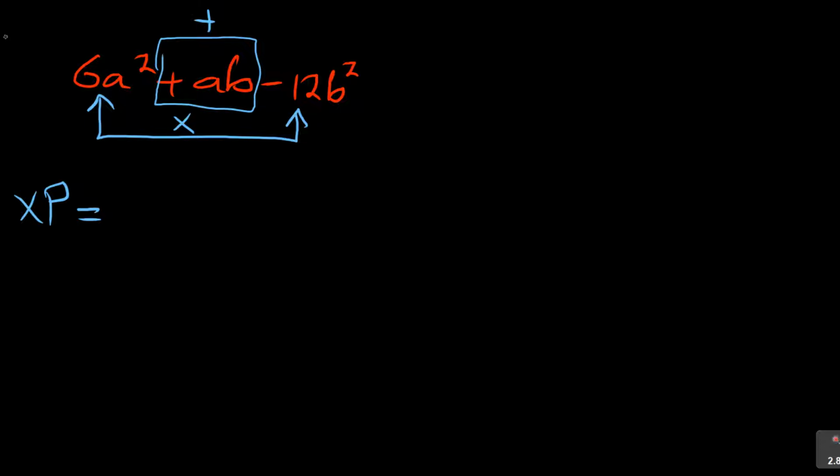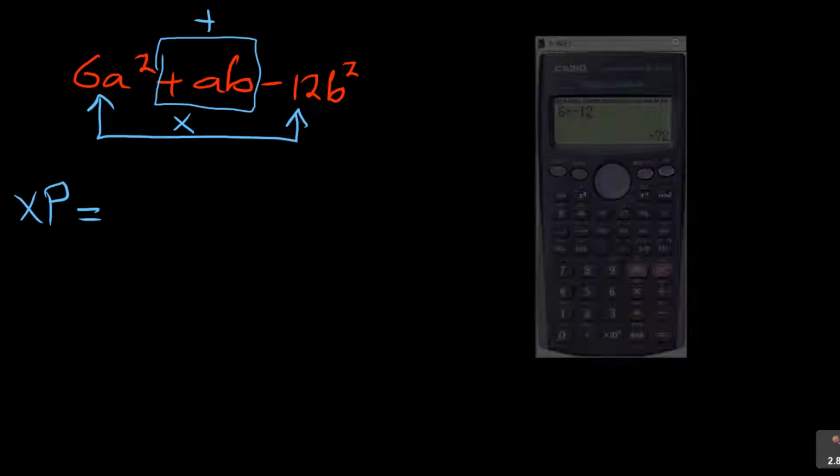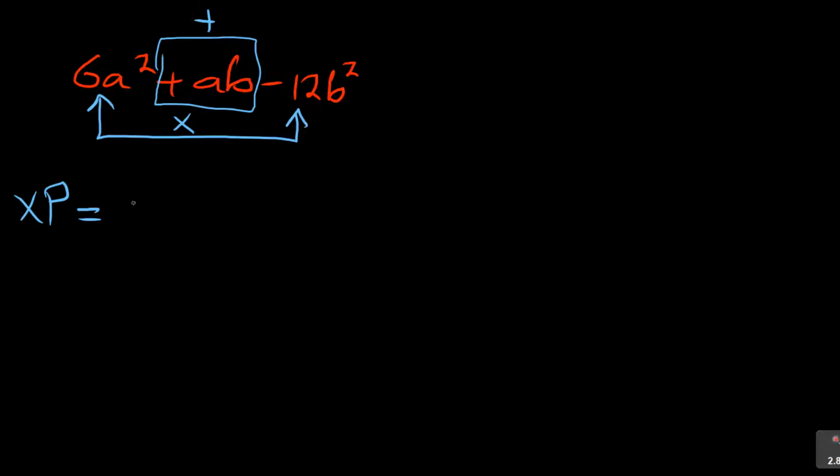So 6 times negative 12 is negative 72. But you maintain the letters. It's negative 72a squared b squared. You maintain that. And the sum is what is in the center. There is a hidden one there. So it's positive 1ab.